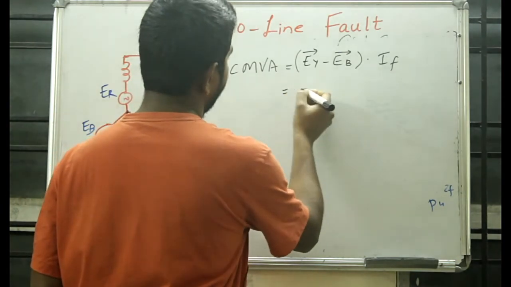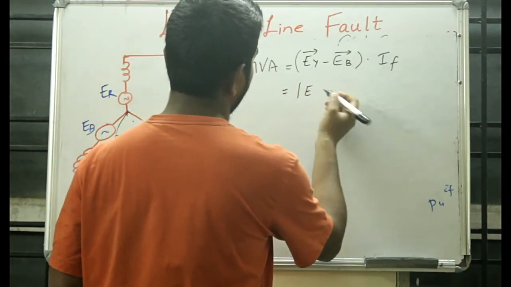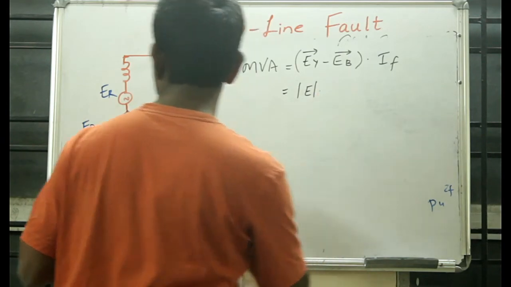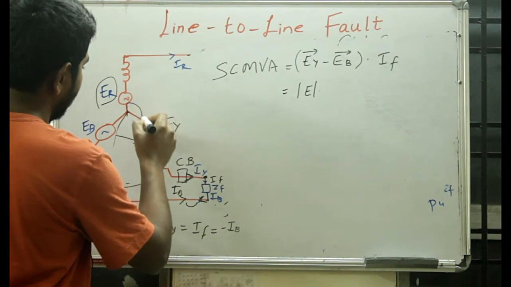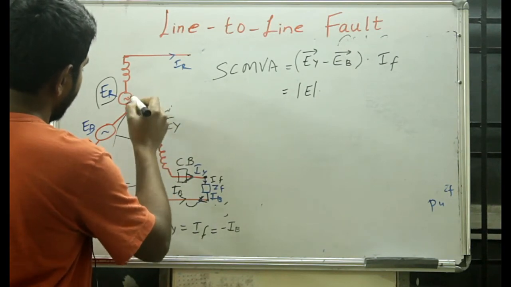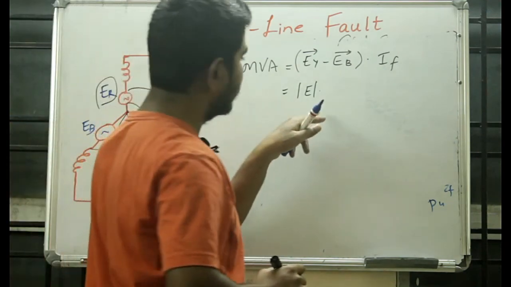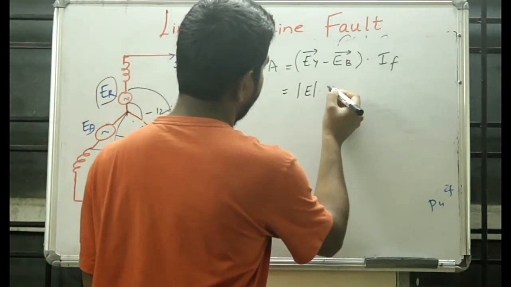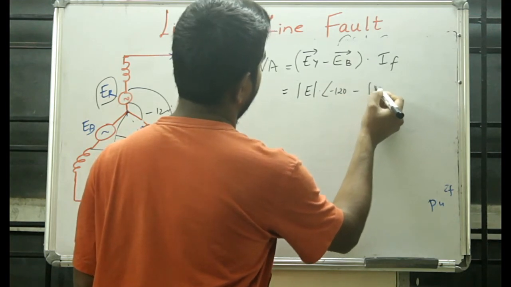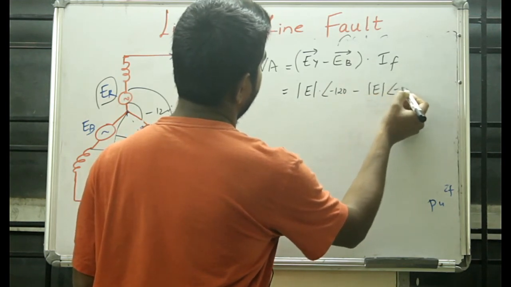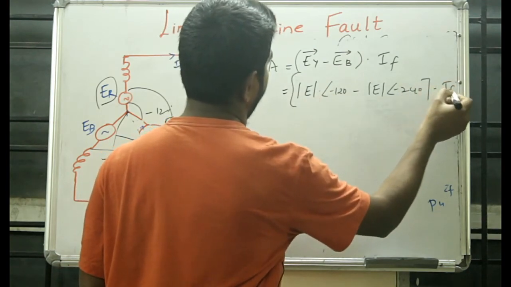Now this can be written as mod of E. If I take ER as the reference phase, this will be lagging minus 120 degrees and this will be lagging minus 240 degrees. So by taking mod E, this can be written as mod E at minus 120, minus mod E at minus 240, into IF.